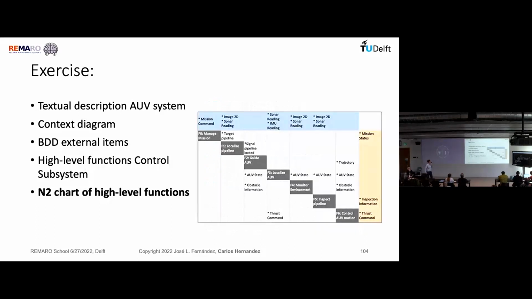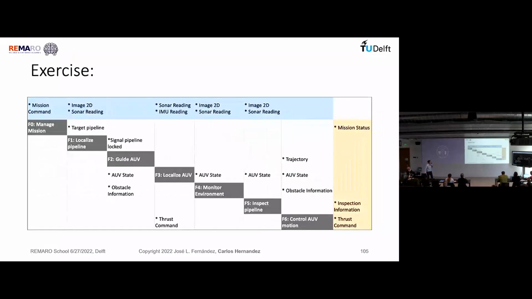So this is our matrix. The mission command, the function to manage mission, generates the target pipeline. Maybe there are multiple in our environment. It can be a complex. So we identify which one we want to inspect now. The localize pipeline function indicates when that's done, then the guide AUV function is responsible for following the pipeline.